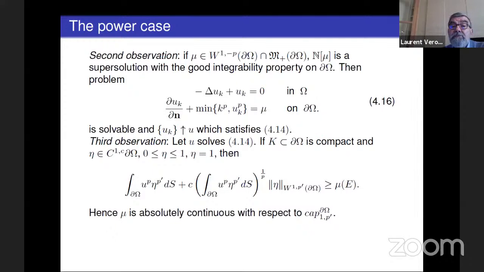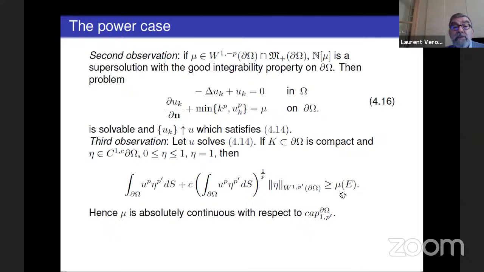Now, if you have a positive solution also, if you take a compact subset E of ∂Ω, you take a function eta, which is C^1 with compact support on ∂Ω, with values between 0 and 1, and eta equal to 1 on the set E. I'm sorry, I forgot to write on the set E here. Then you integrate, and what you get is the integral over ∂Ω of u^p eta^{p'} plus C times the integral of u^p eta^{p'} to the power 1/p times the norm of eta in W^{1,p'}(∂Ω).